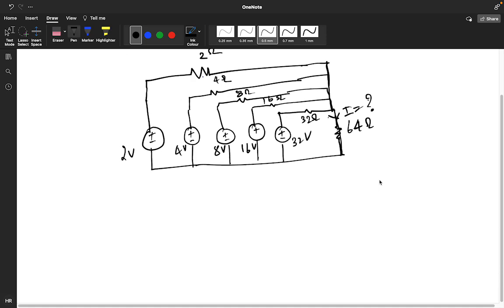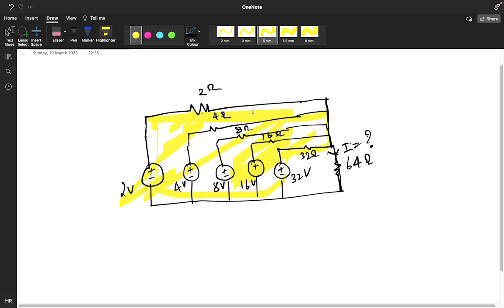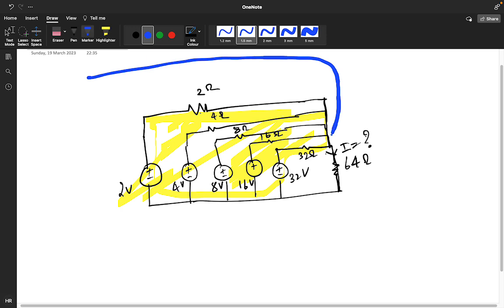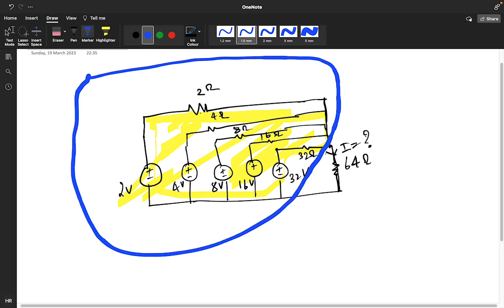How will you do it? See, for this particular network we can use Millman's theorem.